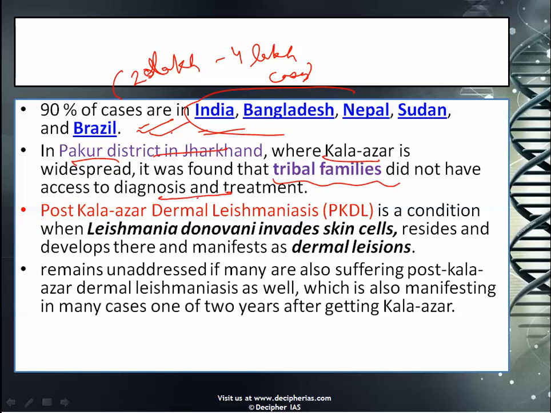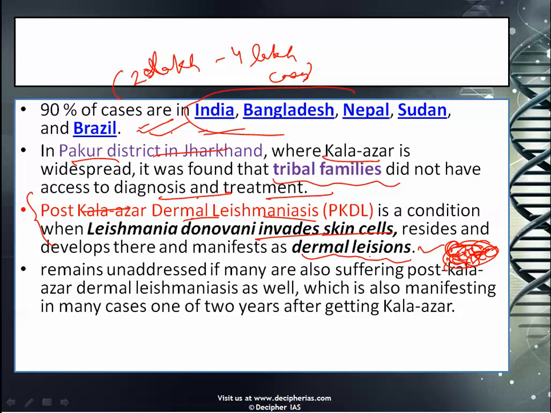And one more stage of this disease is post Kala-Azar dermal leishmaniasis. That is, the parasite invades skin cells and resides and develops there and causes dermal lesions. It is a patch of skin which is of a different color, grayish color, because the parasite is growing there.